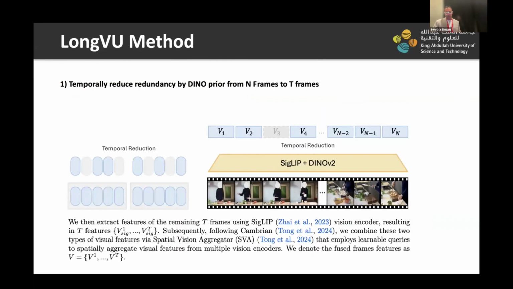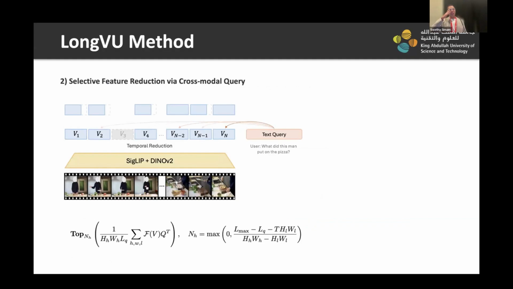Second, we borrow the idea from Cambrian, which was proposed in the image domain, to combine SigLIP features and DINO features and feed them through a spatial vision aggregator, the mechanism proposed in the Cambrian paper. After that, based on the idea that visual information in specific locations in the video might be fixed along the video.